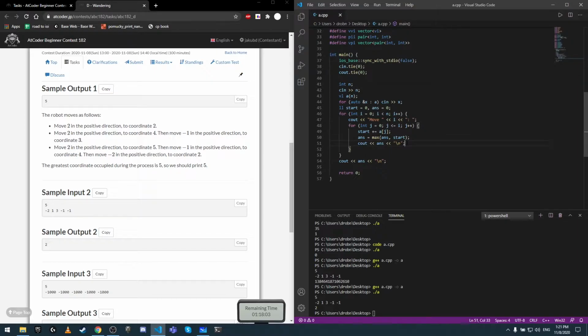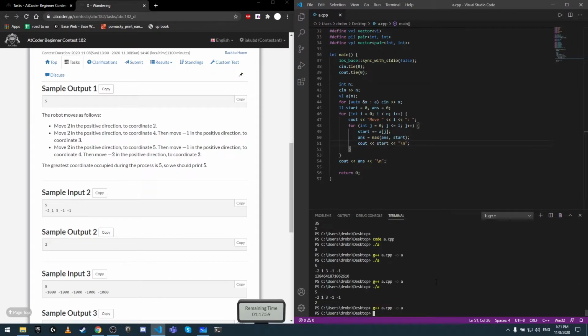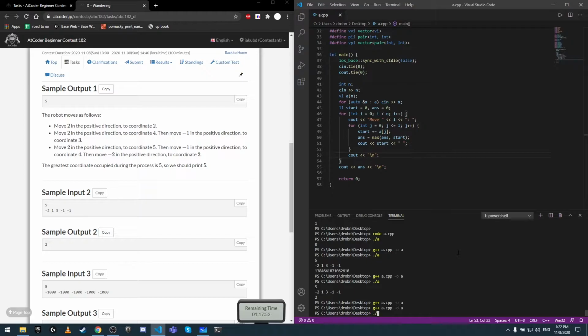So oh my god, let's try this location. Okay, no, not like this, and then with this. Let's copy this. So at first he's at -2, he's at -4, 3.